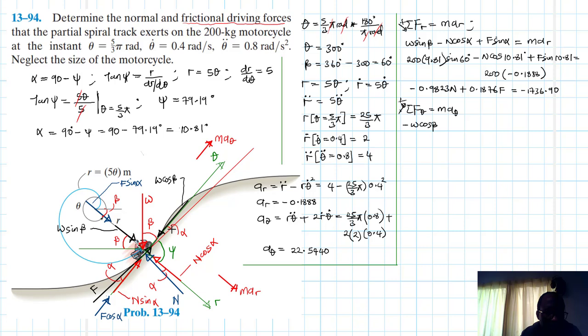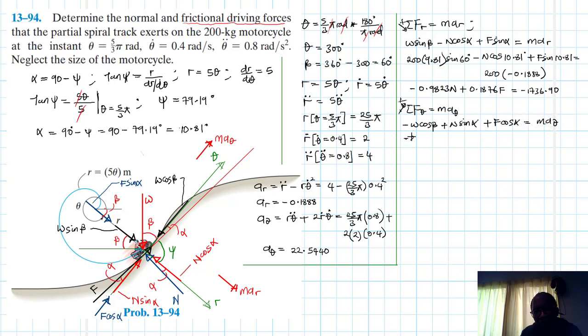Where is our N in this direction? Okay, so it's plus N sine alpha, plus F cos alpha is equal to m a theta, like so.